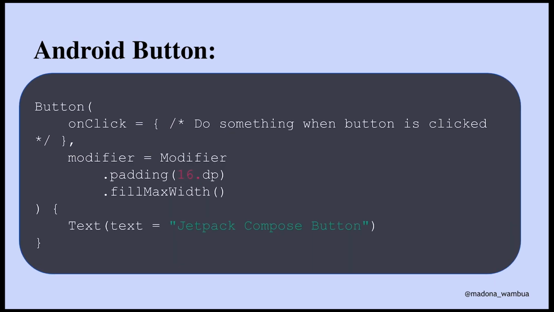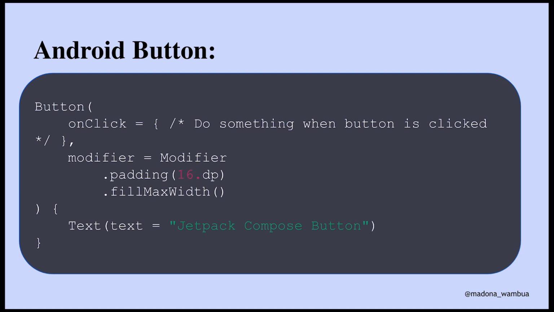Now, we will not be doing justice if we don't look at the buttons in iOS and in Android. So in Jetpack Compose, the button component takes an onClick lambda as a parameter, which is executed when the button is clicked. Now, the modifier parameter again is used to set the layout properties of the button, such as padding, width, and so many things that you can actually just look into.